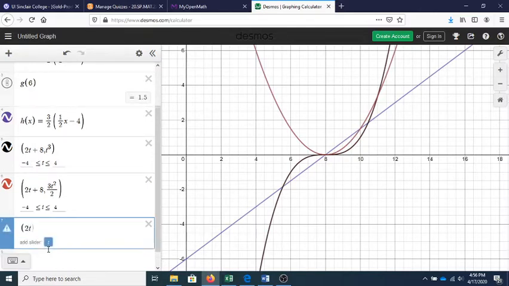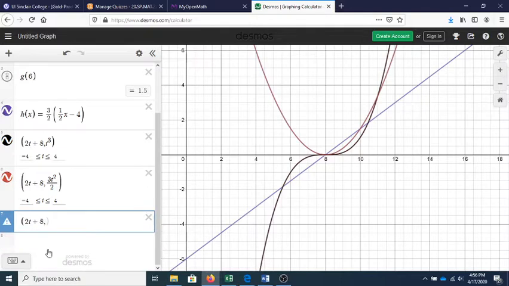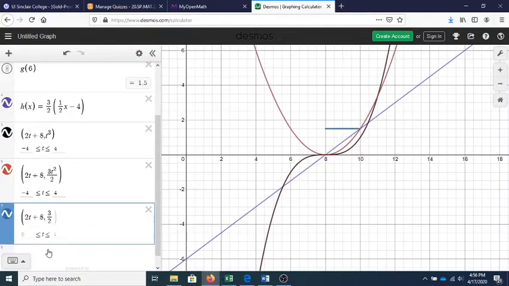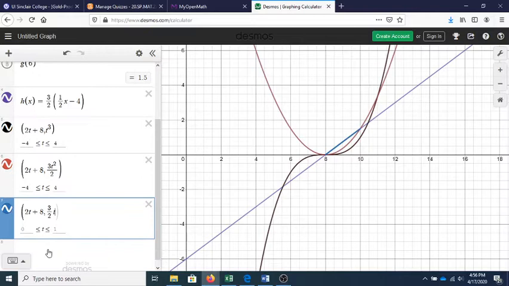Alright, so the x part is 2t plus 8, and the y part is the formula for my second derivative, 3/2 t. Alright, well that's kind of subtle. It made it blue. Maybe I should make it another color. Let's make it orange just to get some contrast. There we go. Okay, now I can see that, yeah, it covered up part of that purple line. Because it's the same line, I just need to expand the domain on the parameter. Alright. Excelente.